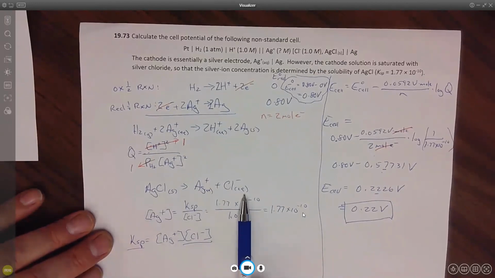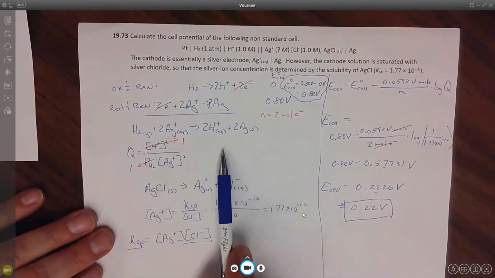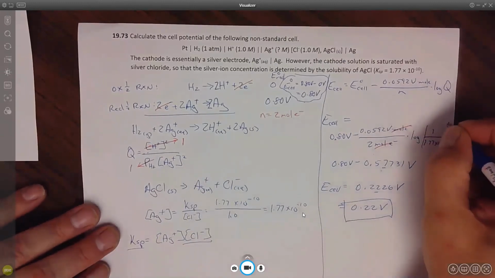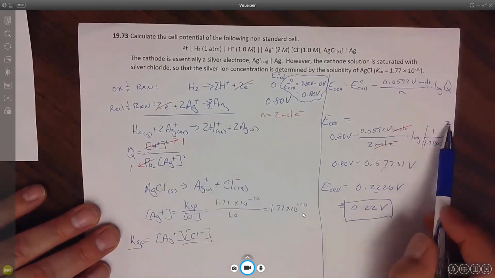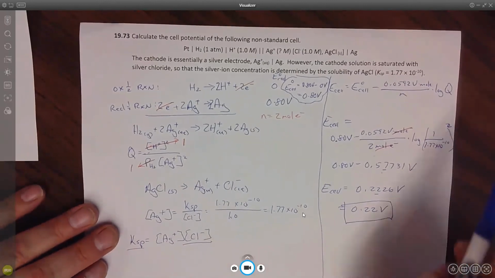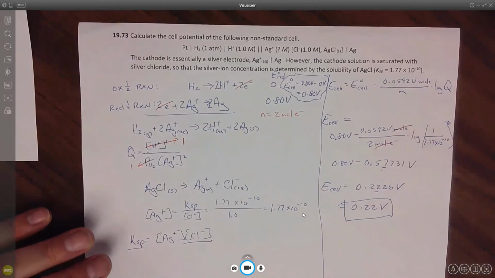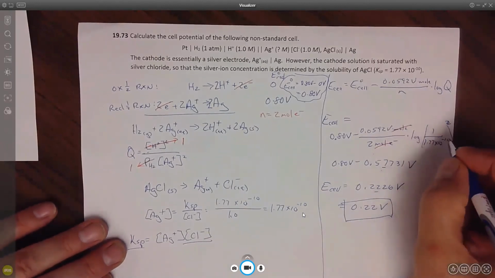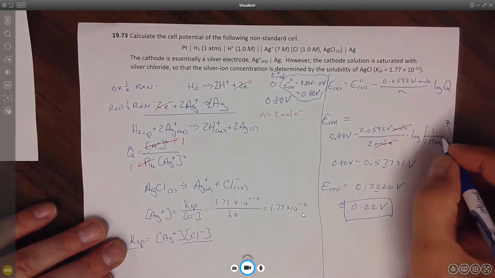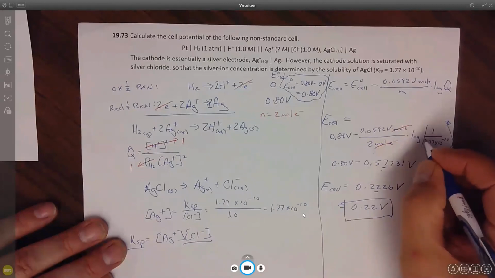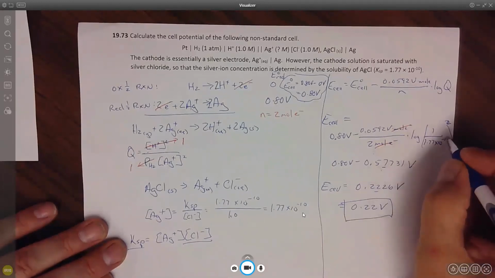But we're going off Q. I'm sorry. You're absolutely right. This is squared. This value is correct. This is squared. I forgot to square that. It's the same thing, but this would be squared.